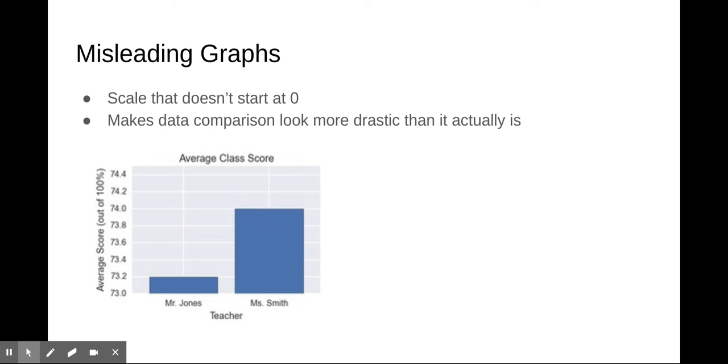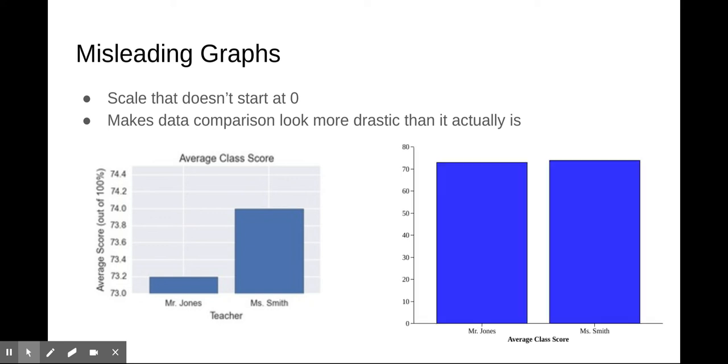But take a look at your scale. The scale starts at 73. It doesn't start at 0. So if we actually look at that same data, but we put our scale at 0, now it looks like Mr. Jones and Miss Smith have pretty much the same average class score.